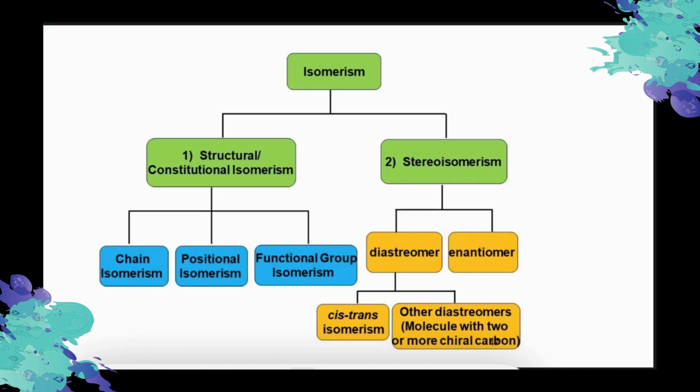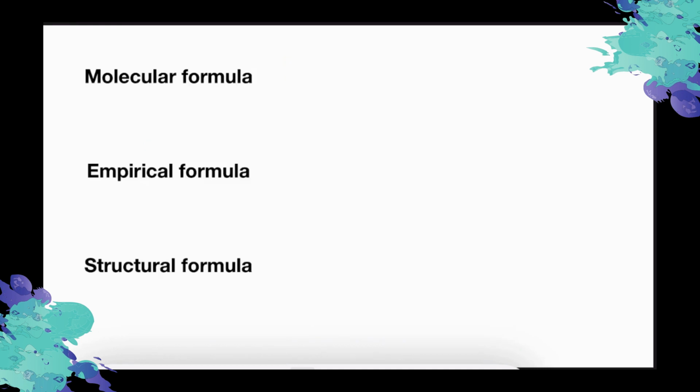Before we go further, let us recap the terms molecular formula and structural formula. We have three terms here. The first one is molecular formula. What does it mean by the molecular formula?